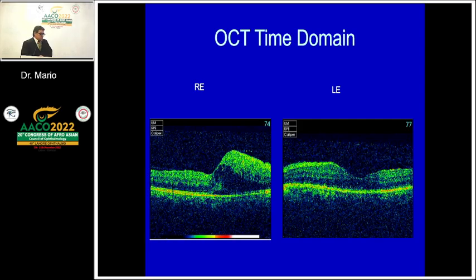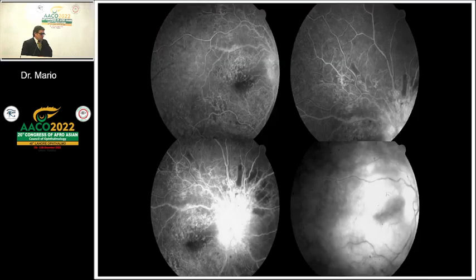Well, we found this time domain OCT, and look at the angiography. It was a very strong image for us with these areas of capillary dropout, or vascular silence. All the vessels are compromised near the optic disc. For us it was very tricky.